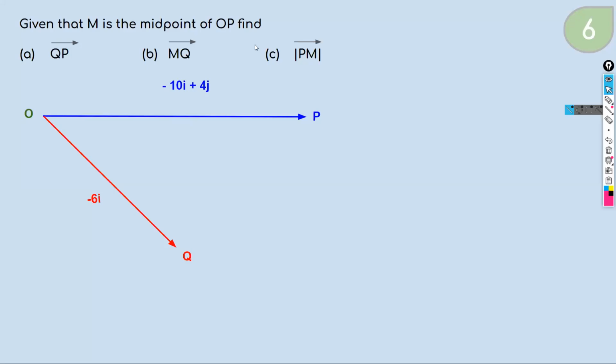Correct? So for the first part, they ask us to find QP. That's this here. So we have to draw a line from Q to P. And of course, the direction is super important. To go from Q to P, I think we only have one choice.